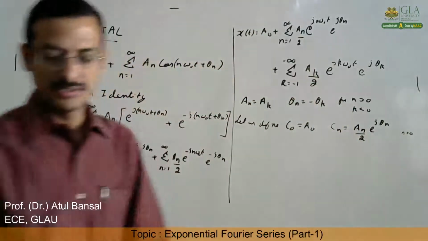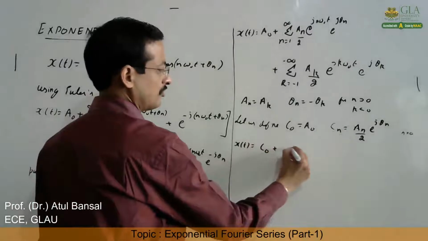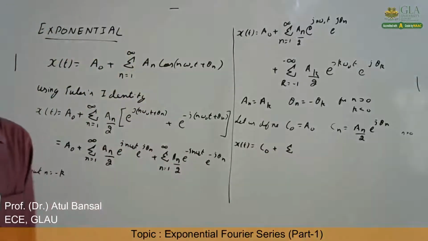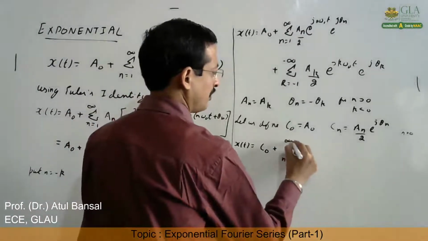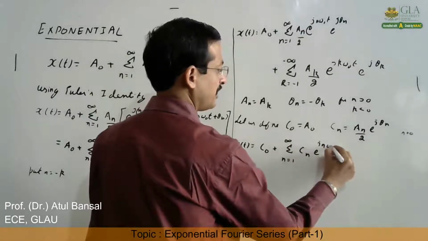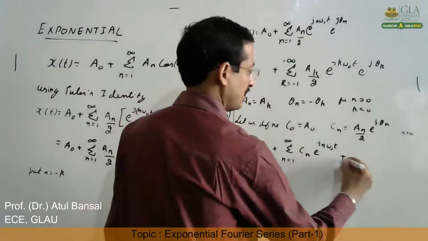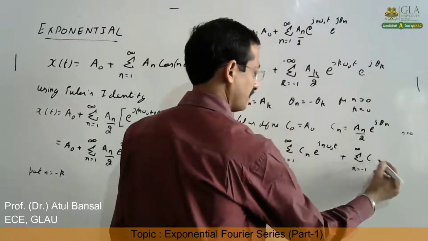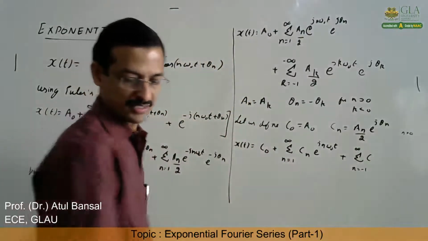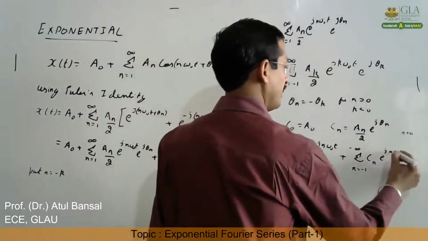So if we put this in, what we will get is x(t) equals C0 plus sigma n equals 1 to infinity Cn e raised to power j n omega naught t, and plus sigma n equals minus 1 to minus infinity, we can say here C of minus n, or simply Cn, e raised to power j n omega naught t.